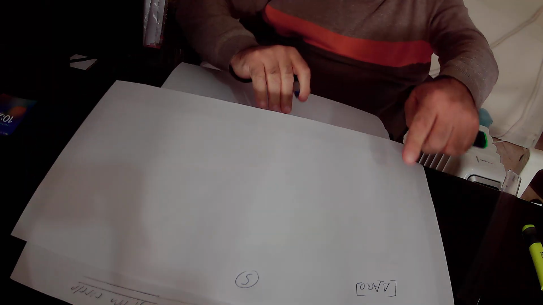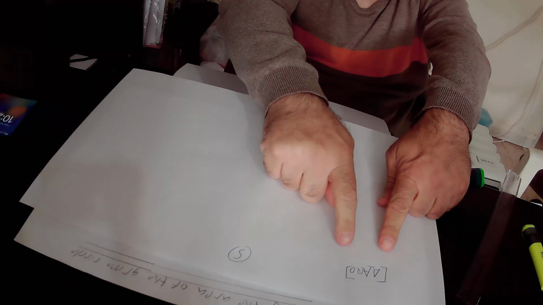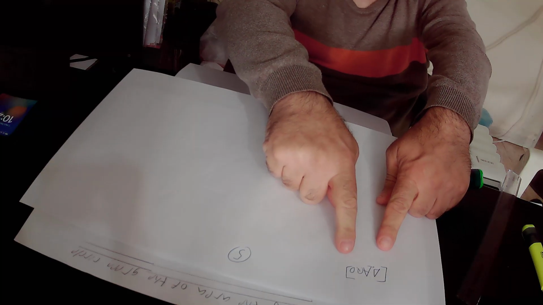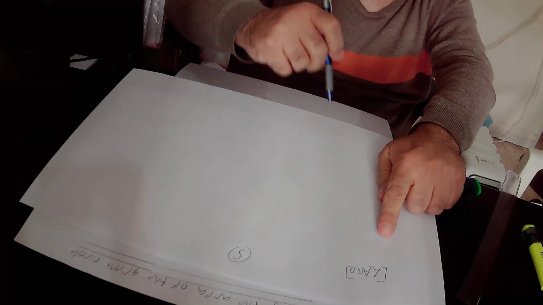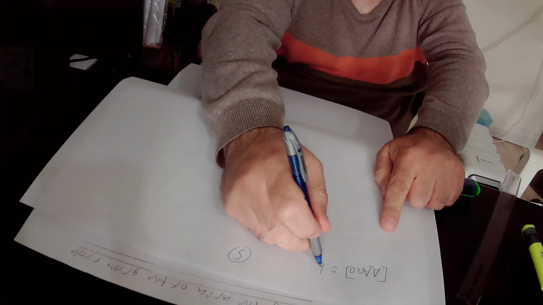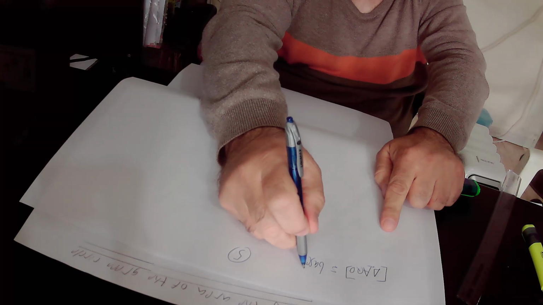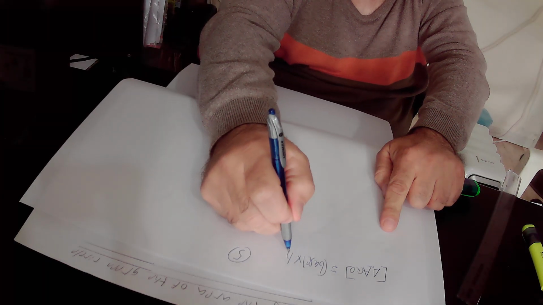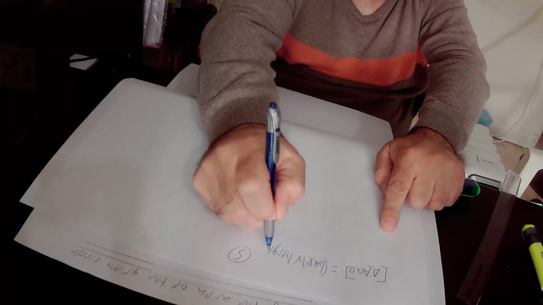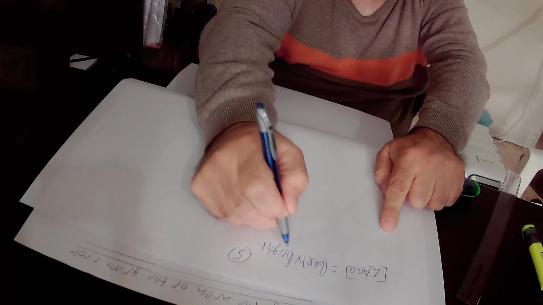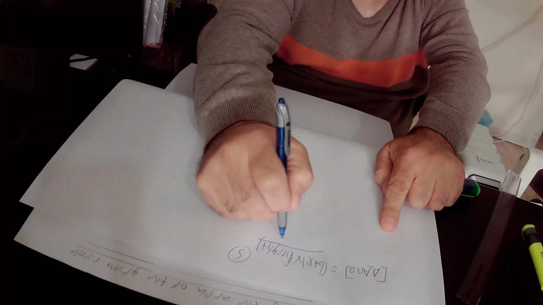Here the squared bracket is the sign for the area. It means the area of triangle AQO equals the area of any triangle, which equals the base of the triangle times the height to the base over 2. The height must create 90 degrees with the base.